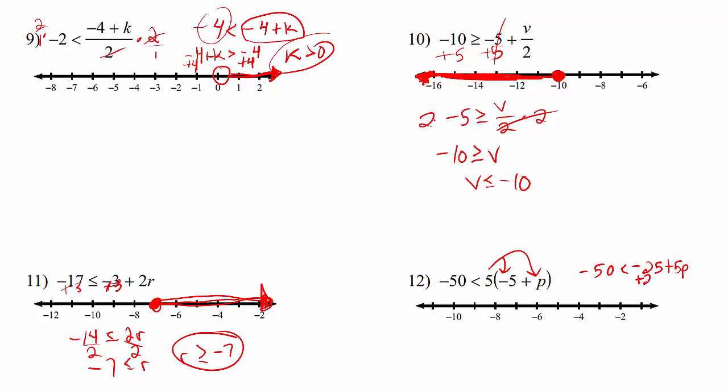I'm going to add 25 over and get -25 is less than 5p. Divide by 5. What I'm dividing by is positive, so I don't flip the inequality for that, but I do flip it because I want p to be on the left. So p is greater than -5. So I put an open circle and I go to the right, like so.